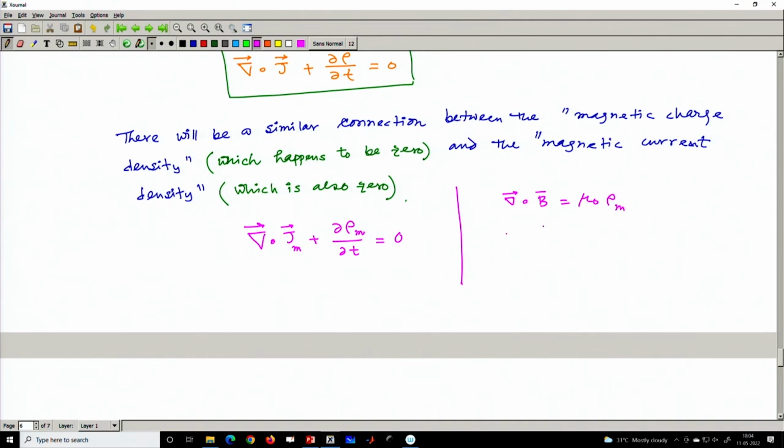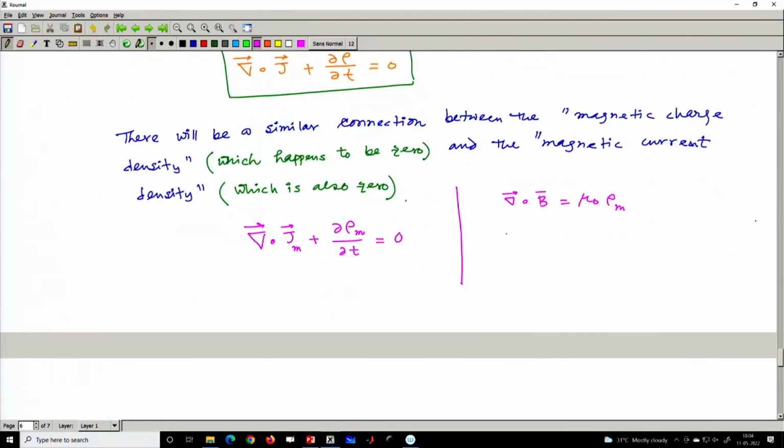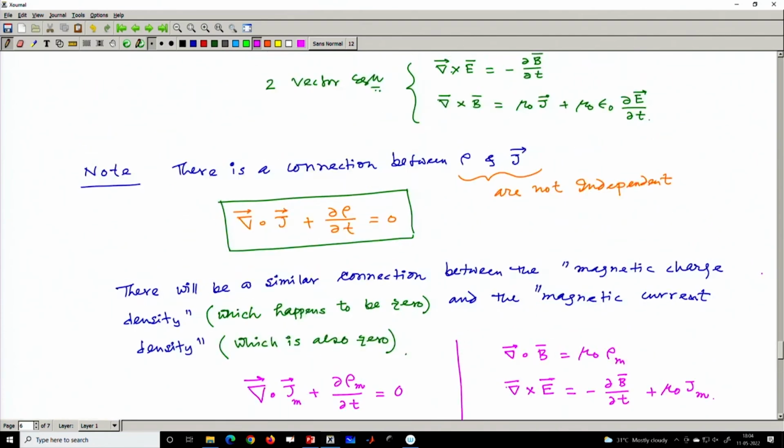And another thing, divergence. Another thing is J here. So, I should have curl of E, which is now minus del B del T, then maybe we can have another term like mu 0 J M, the way we had mu 0 J here.